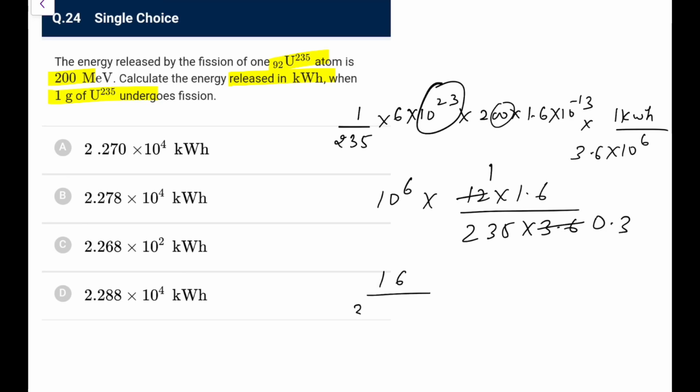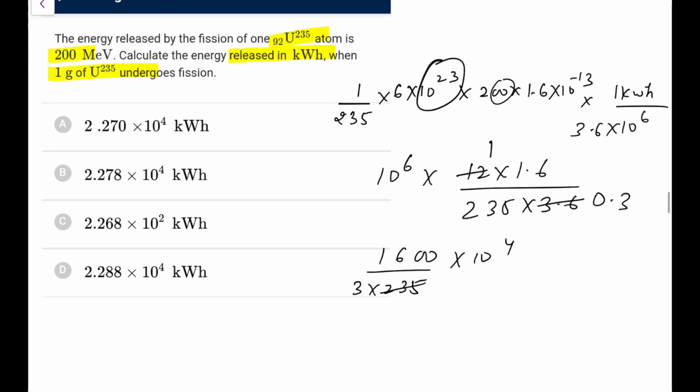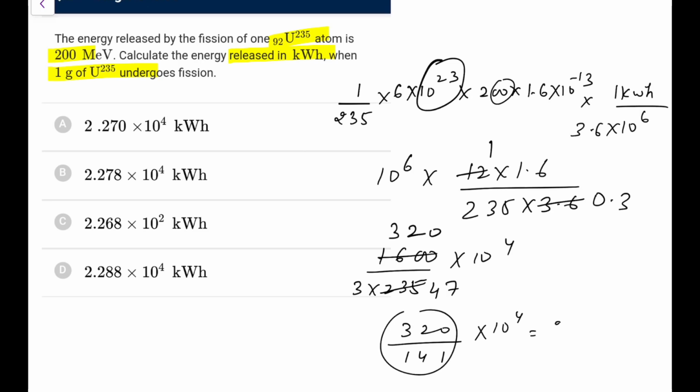It would be 16 upon 3 into 235. Let's say 100 into 10 to the power 4. So let me try it. This is 4, this is 7, this is 320. So 320 upon 47 into 3, 3 7s are 21, 3 4s are 12, 141 into 10 to the power 4. So do this. This is 2, this is 282.